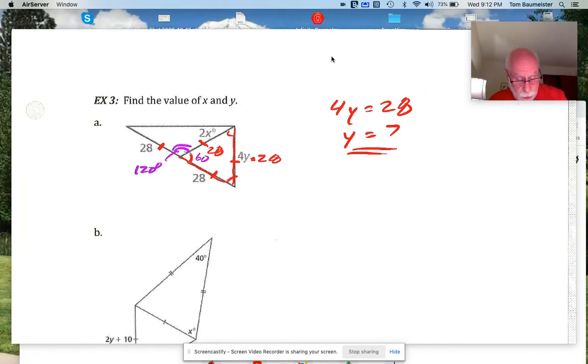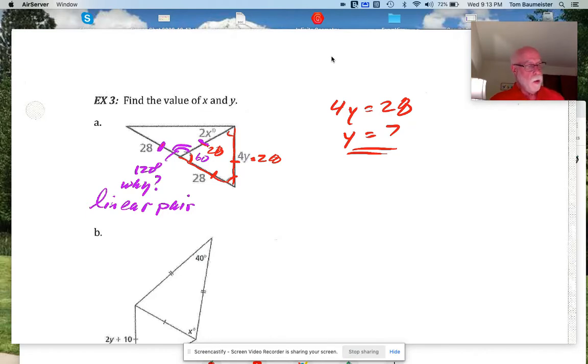And again, why? And you're going to tell me because it's a linear pair, Mr. Baumeister, and a linear pair is always 180 degrees. Right? Now, look at this here. That side there is 28, and that side there is 28.